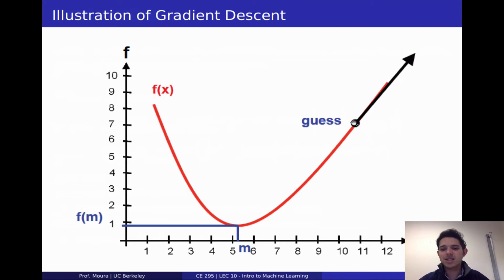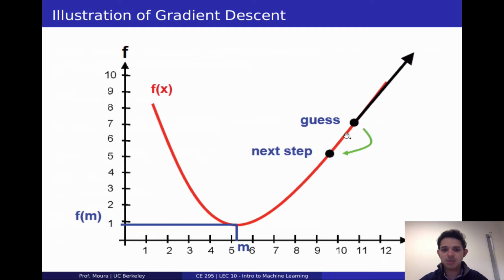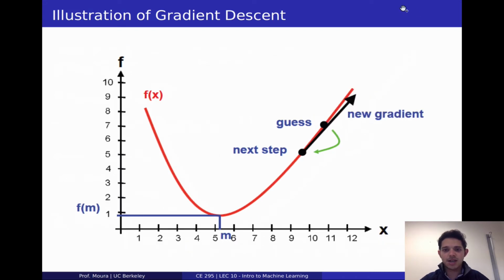Now, since it points in the direction of increasing x, what the algorithm says is turn 180 degrees and take one step in the direction of descent. So that's what we'll do. We'll take one step in the direction of decreasing x, and our next iterate could be this next dot, right? Then we'll evaluate the gradient there. It's still increasing.